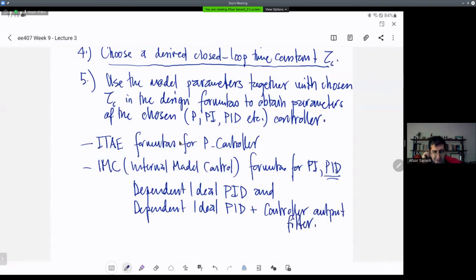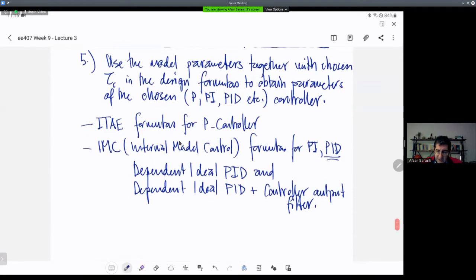This filter is for the noise that we had talked about, which is because of the derivative term. So these design formulas also give you parameters for what kind of a cutoff frequency you can have for that low pass filter.